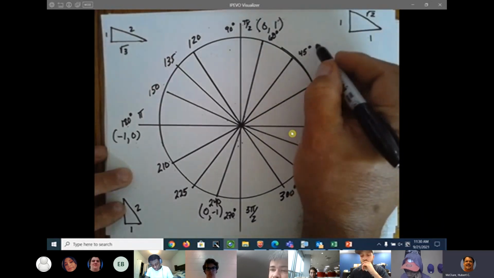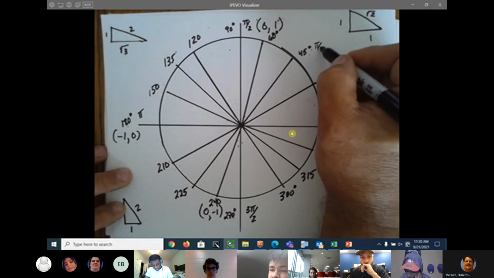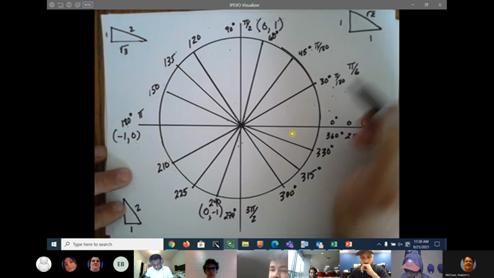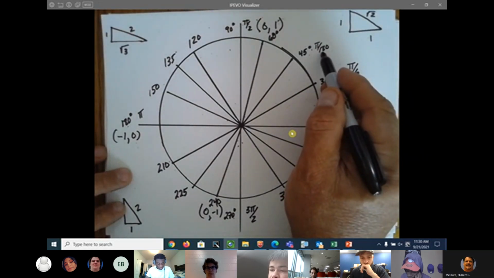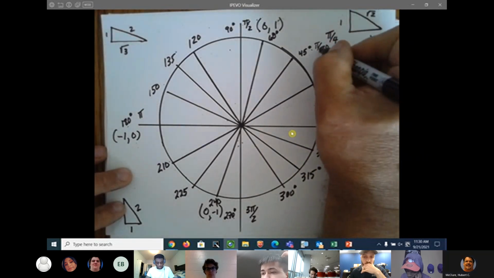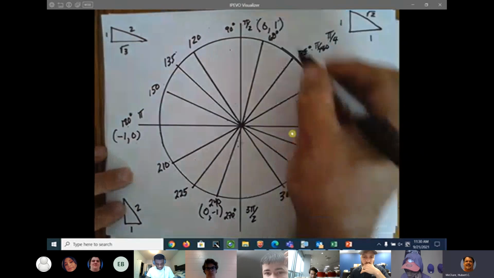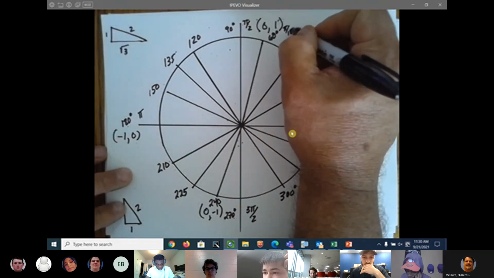And then this right here, 45 times pi over 180. And 45 will go in there how many times? 4 times, pi over 4. And then here, 60 multiplied by pi over 180 would be pi over 3.